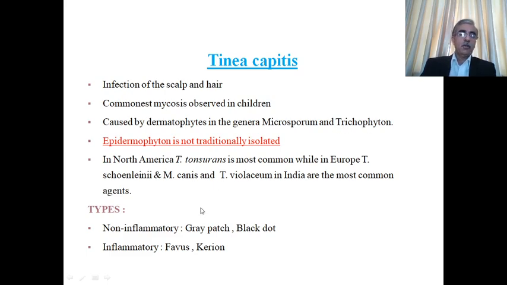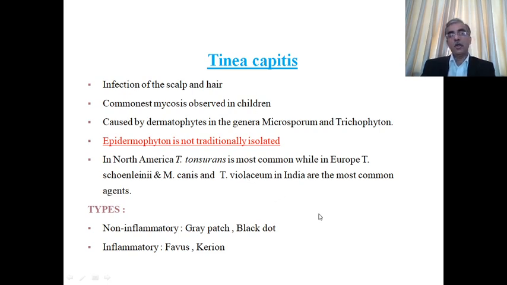When we talk about epidemiology in the American continent, Trichophyton tonsurans is the most common causative agent, whereas in European countries it is Trichophyton soudanense and Microsporum canis, whereas in Asia or India it is Trichophyton violaceum, which is the most common agent responsible for tinea capitis.